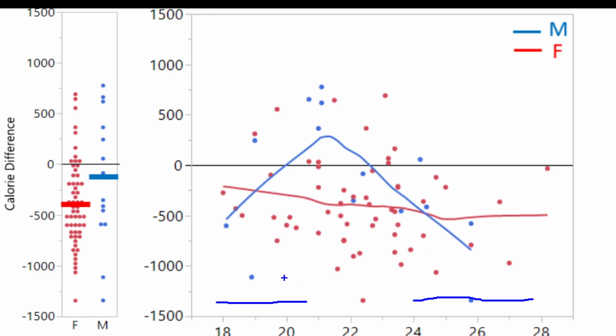However, in this middle region here, from 20 to 24, I can see that I have a pretty big difference here between the males and females. And in particular, females tend to stay down below their target. So females tend to be undereating in here, whereas males tend to be close to target or even actually overeating in this region.